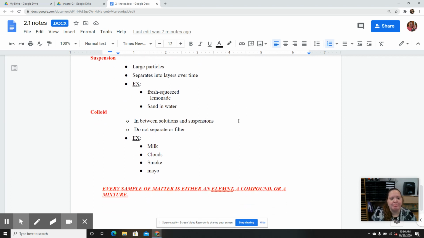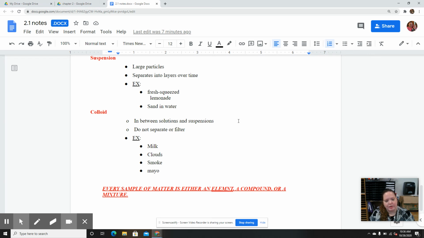A colloid has middle-sized particles. They're in between a solution and a suspension. They can't be separated and can't be filtered out, but they are bigger than a solution. Milk is a colloid. Clouds are colloids. Smoke is a colloid, as is mayo.